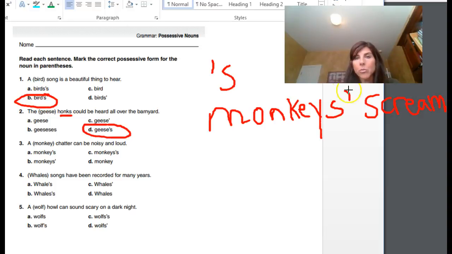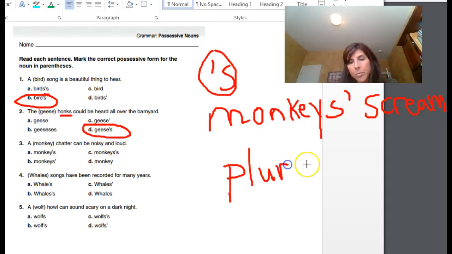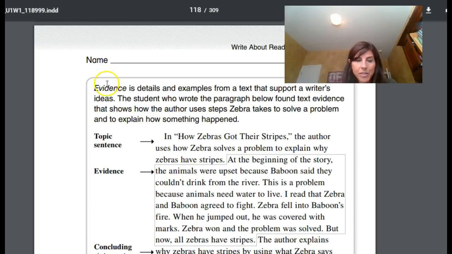So if it belongs to more than one, they think it's always after. It's actually first make it plural, and if it's plural without the s, then it's apostrophe s. But if it's plural with the s, then it would be an apostrophe after. Okay? That is the rule you have to remember, because a lot of grown-ups even mess up on that one.